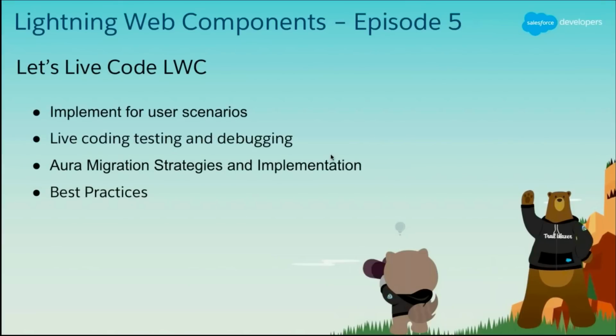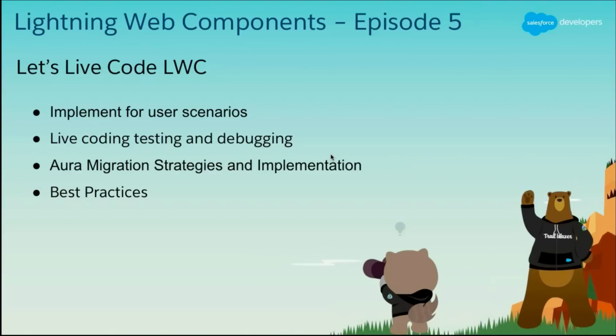So we'll build something live during the webinar, something interesting that will help you understand how it feels to actually build a Lightning component. That's going to be more interesting. It's going to be my favorite episode for sure, and it's going to be a very fitting finale and a great climax to our web series. Right, and then also look at testing and debugging and talk a little bit about Aura migration and stuff like that. So once that is done, we'll be done with our webinar.